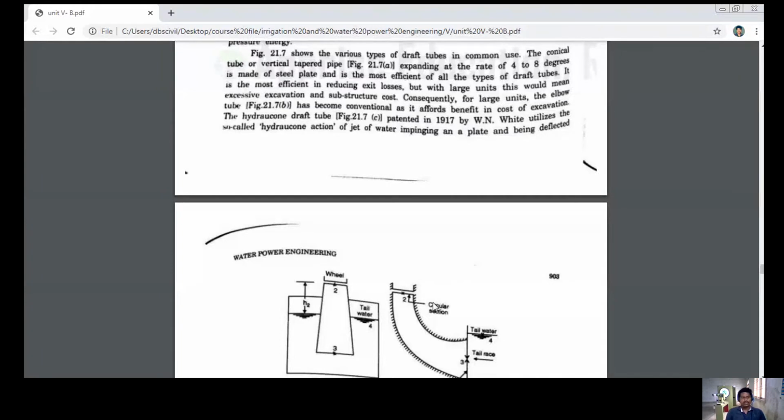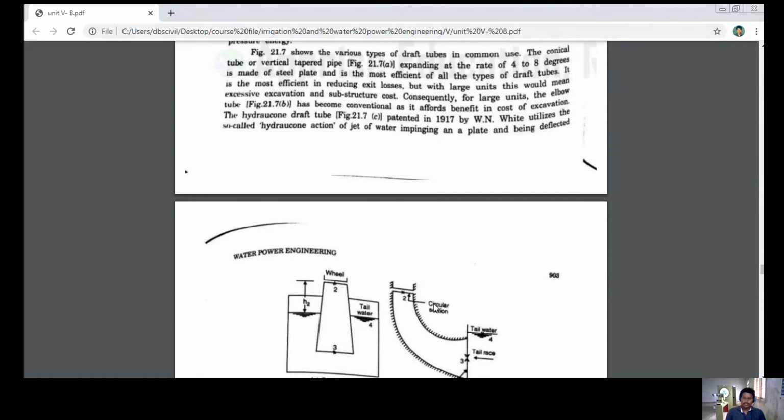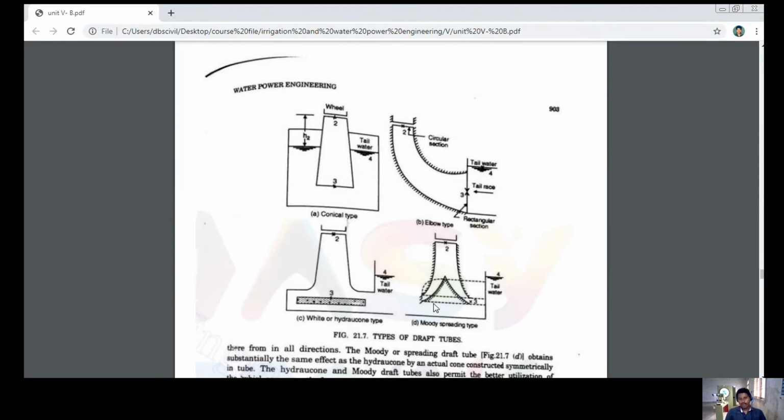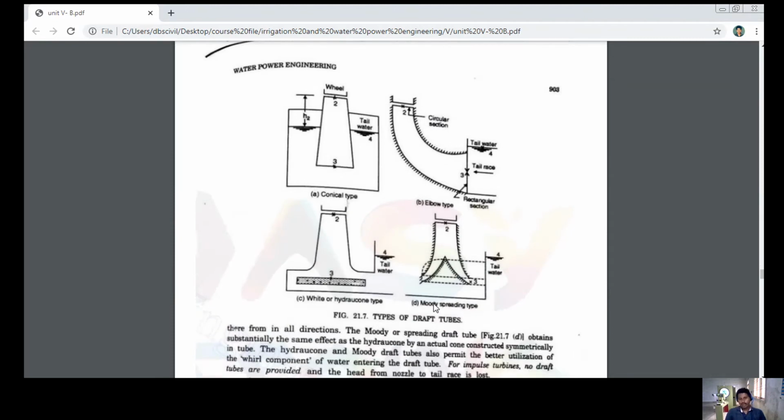The hydrocone draft tube, patented in 1917 by W.N. White, utilizes the so-called hydrocone action of a jet of water impinging on a plate and being deflected. Okay, let's see them all: Moody spreading type, hydrocone type, elbow type, conical type.